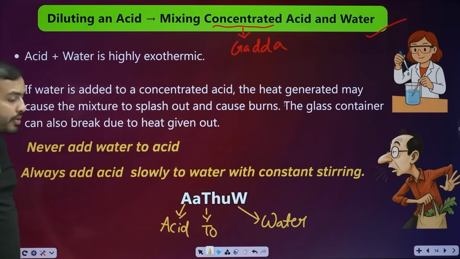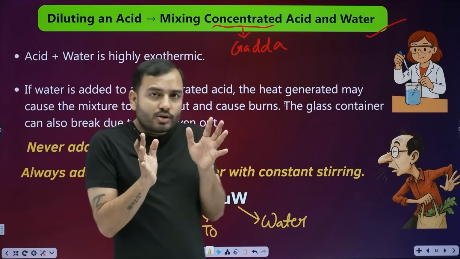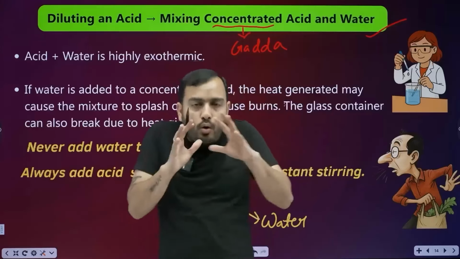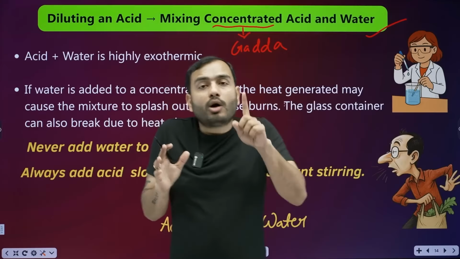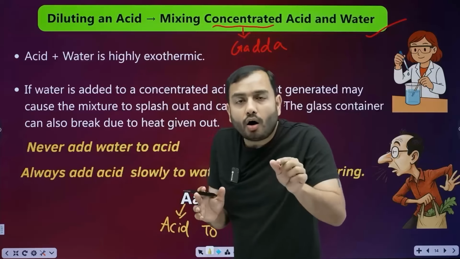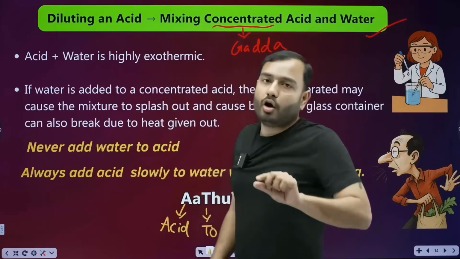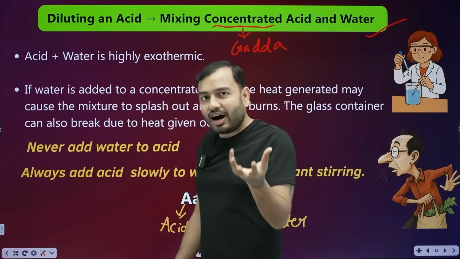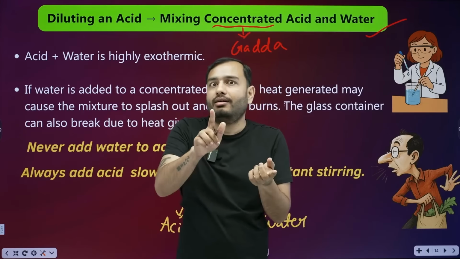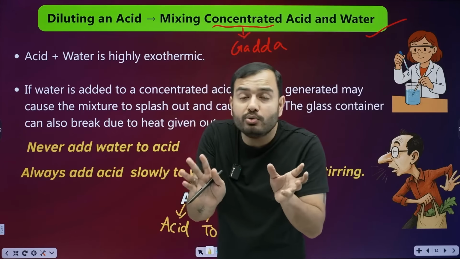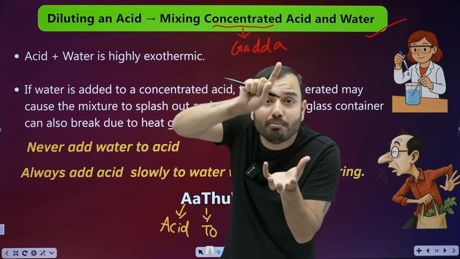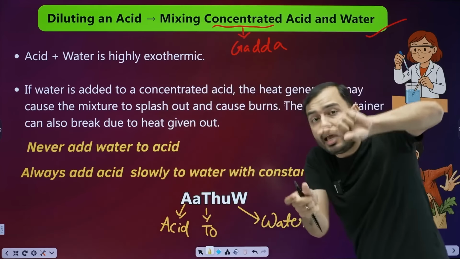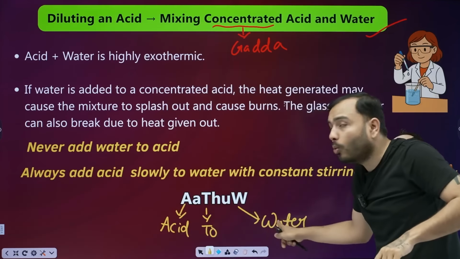What am I explaining? If you have to dilute acid, water should be there, and you always add acid dropwise. Don't add water directly into concentrated acid. Never add water into acid to dilute it. Add acid into water. Acid to water.